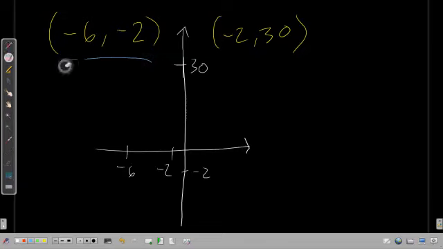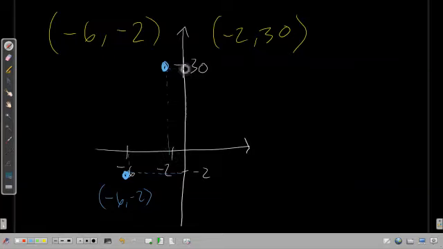Plot my points. This point here, -6, -2, is right there. The y value is -2, the x value is -6. That's the ordered pair -6, -2. The other ordered pair, -2, 30, is this one.